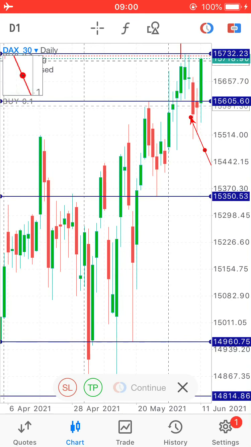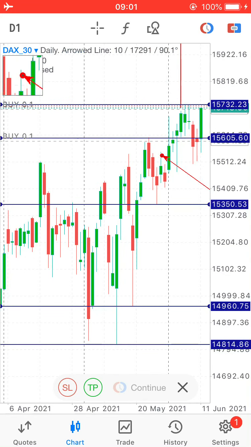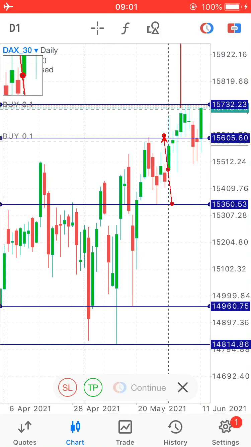As there are multiple rejections at this level, it means that retest is being accepted. So I will look for what? I will look for buy opportunities. And remember, from 15732 to 15605, the market was in a correction phase, right? So from here to here, the market was in a correction phase.